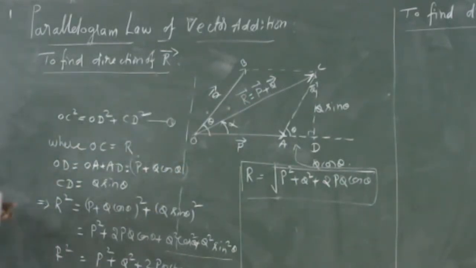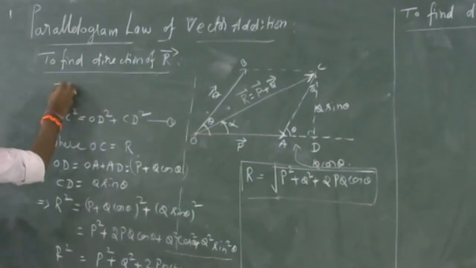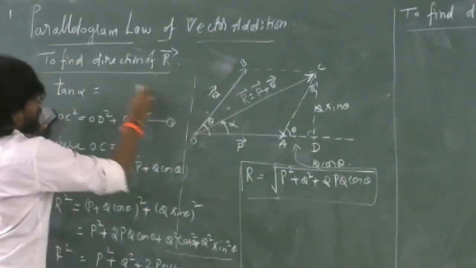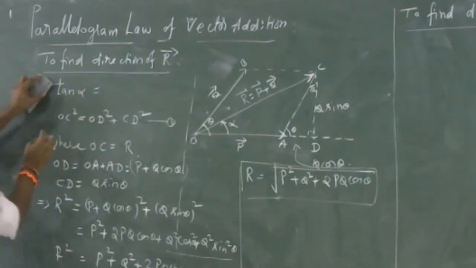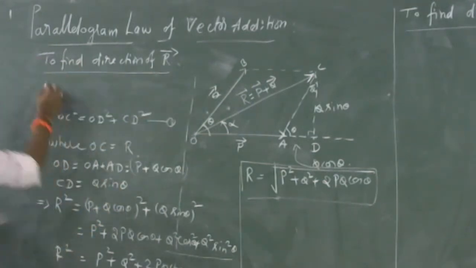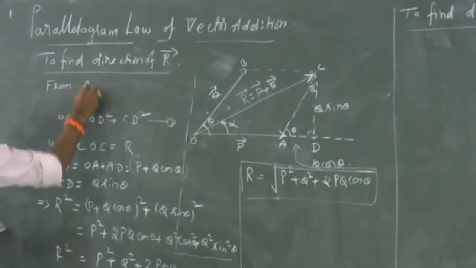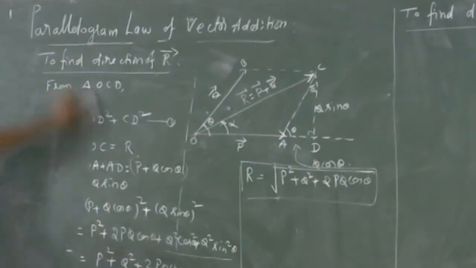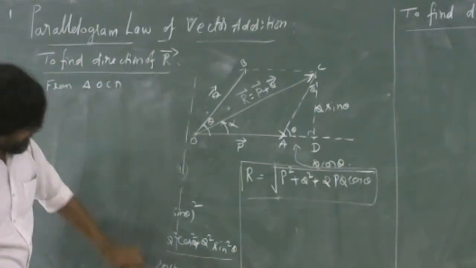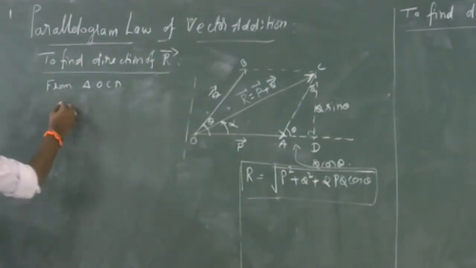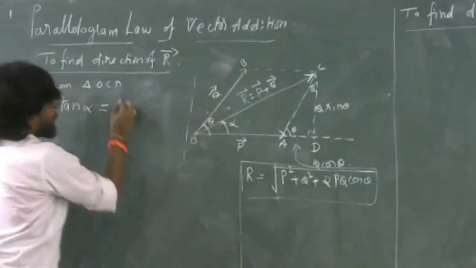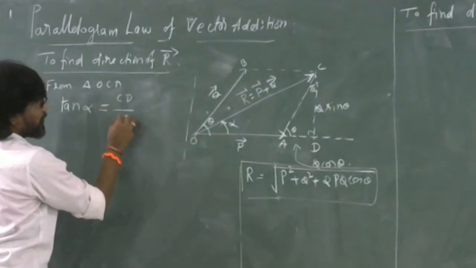So from the diagram we can say, from triangle OCD, tan alpha is equal to opposite side, that is CD, by adjacent side, which is OD.